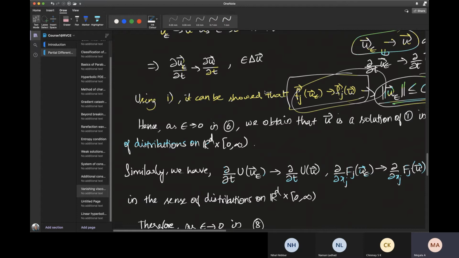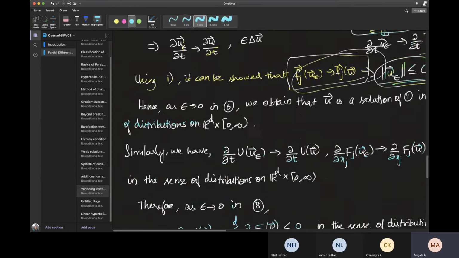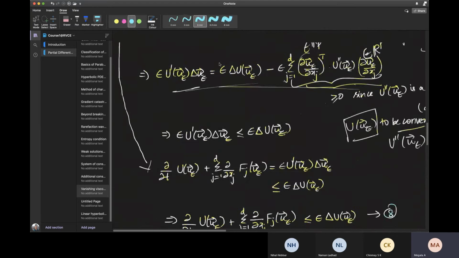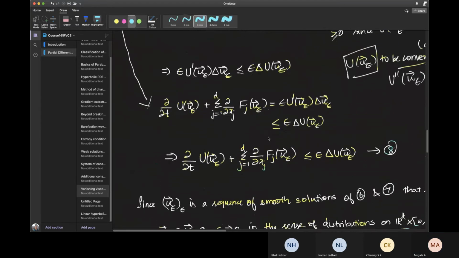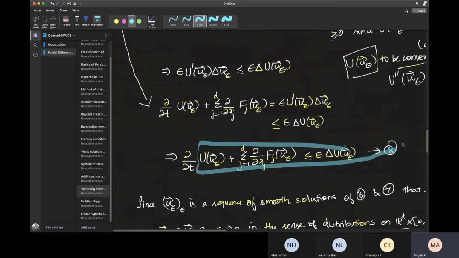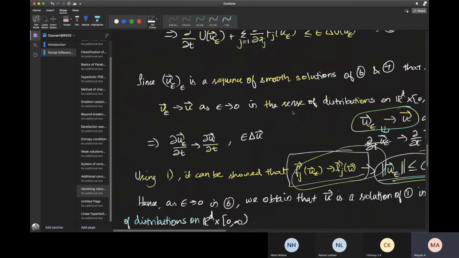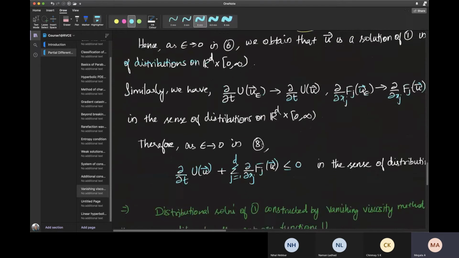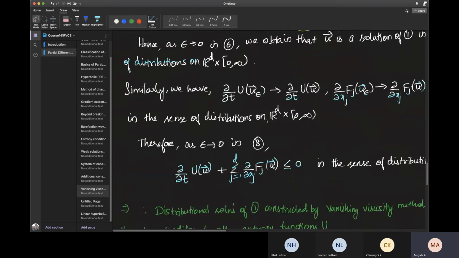All solutions of the epsilon viscous PDE satisfy this entropy inequality, equation 8. And we also showed that all solutions of the epsilon viscous PDE approach the weak solutions of the original PDE that we considered.